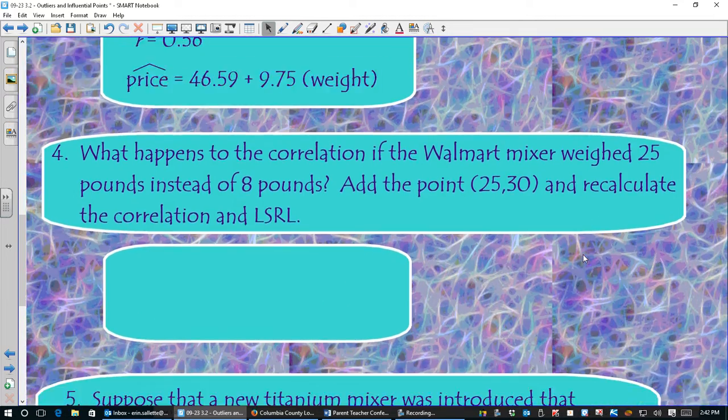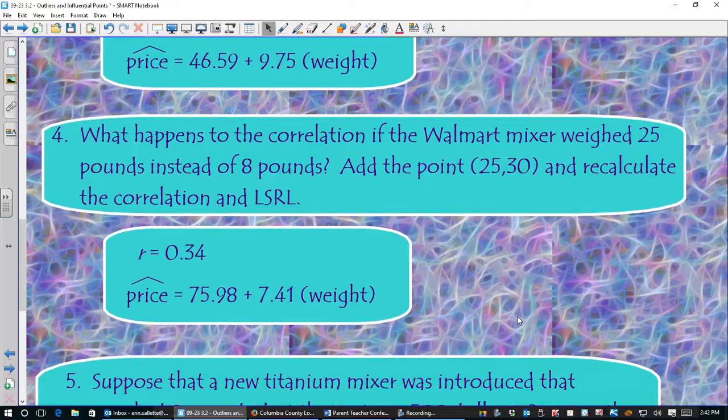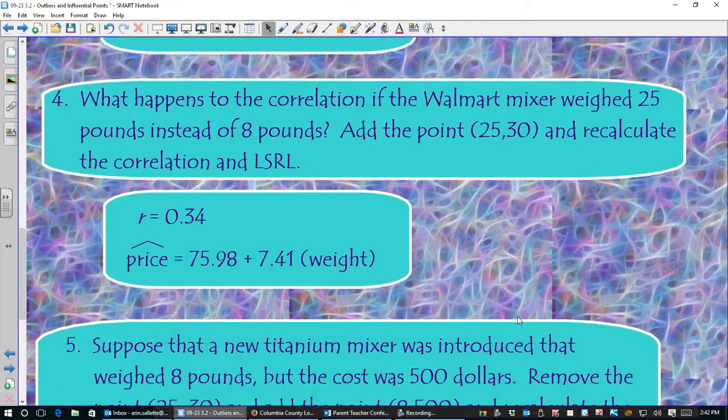Let's put that back into our calculator and calculate the new correlation coefficient, R, and the new least squares regression line. We'll get our new correlation coefficient to be even smaller, and our new regression line. Yet a different looking regression line. And remember, this is just with the change in 1 point.